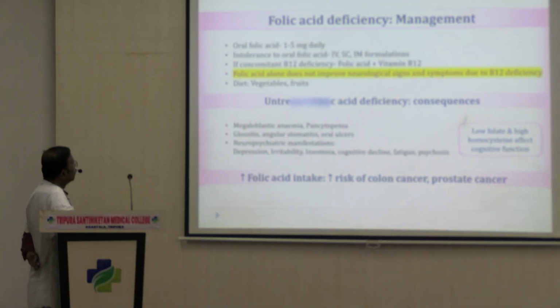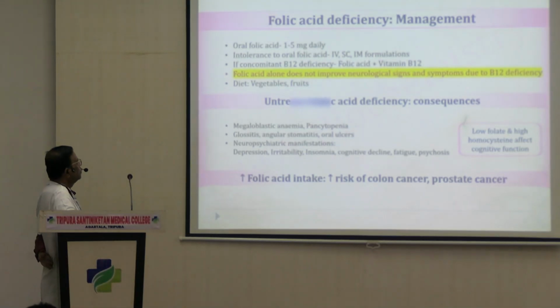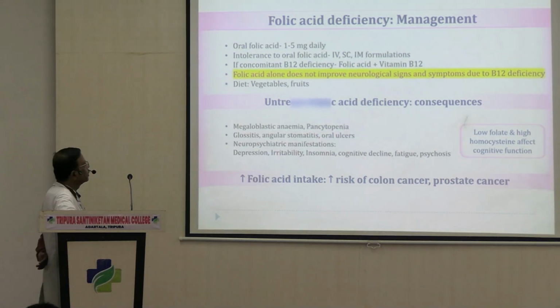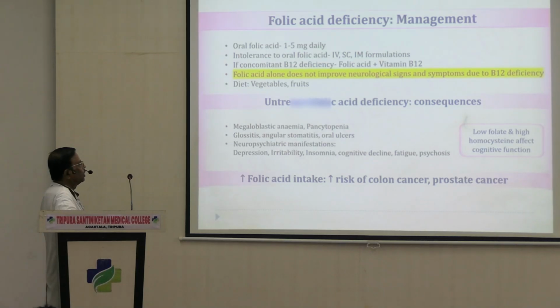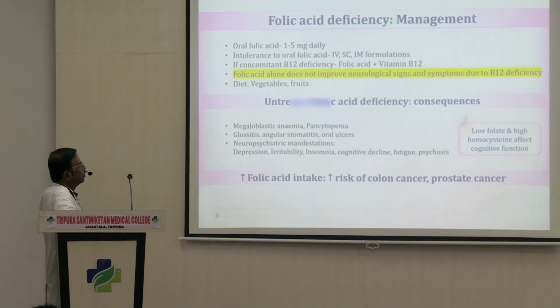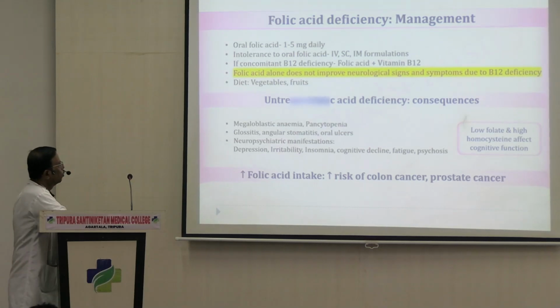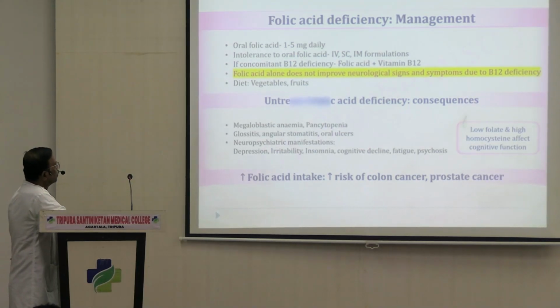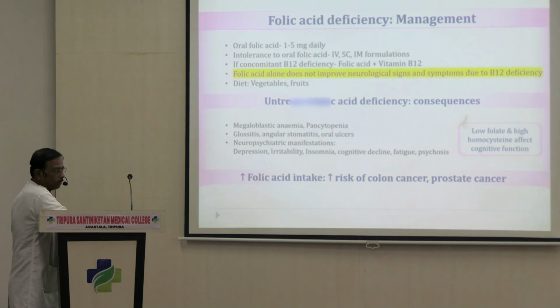Management: folic acid 1 to 5 milligram. Then if there is intolerance to oral folic acid, IV, subcutaneous or IM formulations can be given. In concomitant vitamin B12 deficiency, both folic acid and vitamin B12 are given. Diets are advised accordingly.